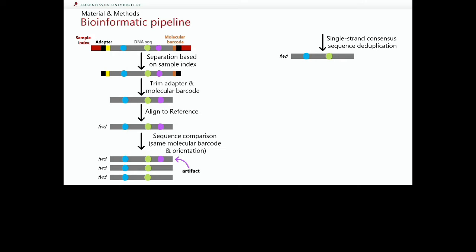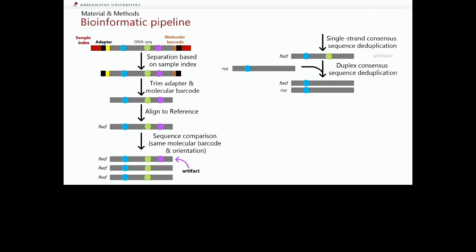So what we do then is we do the single strand consensus sequence deduplication, and this just means to compile all of these copies to one strand for the forward read that only contains variants that are in common in all of these copies. Simultaneously, we did the same for the reverse strand, and then we do the duplex consensus sequence deduplication.